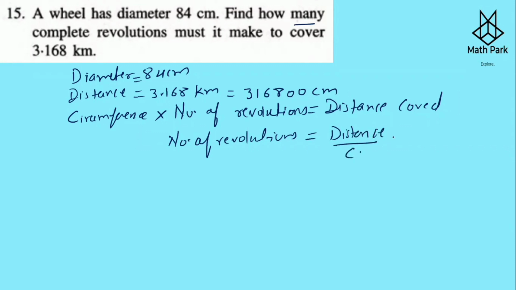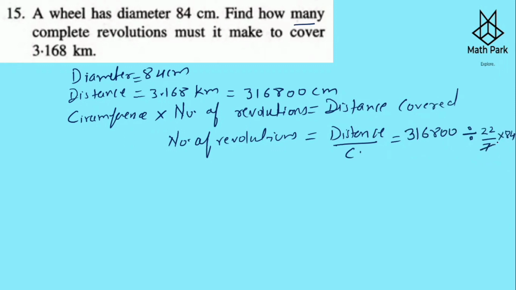Let us put the values: the distance is 316800 centimeter divided by circumference, which is pi d, that is 22 by 7 into 84. So 7 12s are 84. So this becomes 316800 into the reciprocal of this, which is 1 upon 22 times 12.